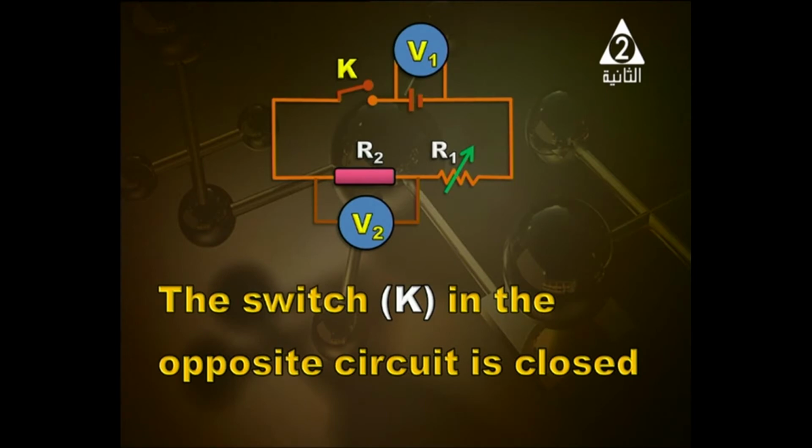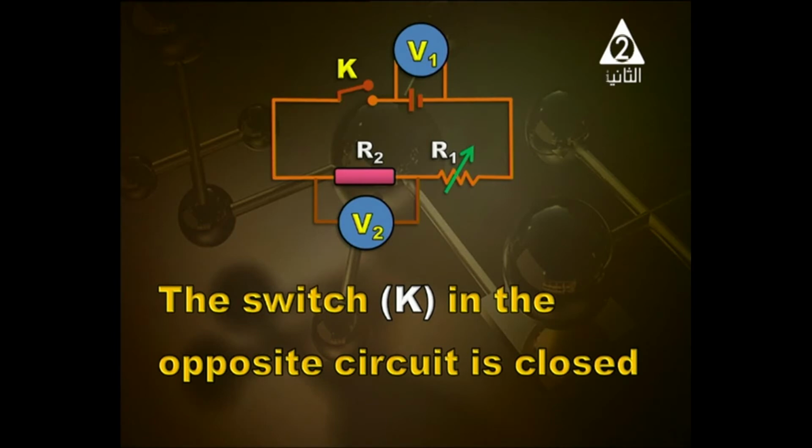Now, right now, before closing the switch, V1 reads the maximum value, the EMF of the cell. V2 reads 0. So what will happen when closing? V1 will decrease. Instead of the EMF of the cell, it will be just the terminal voltage. And since current will flow, V2 will increase.